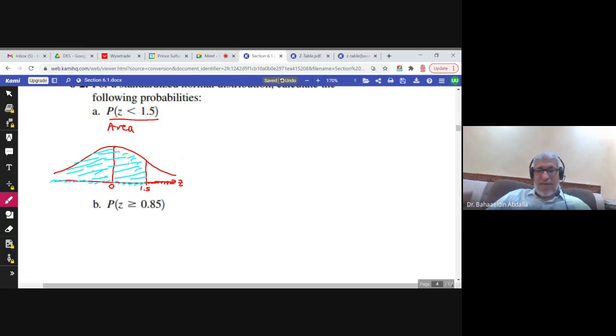Once you know that this is the area he needs to find, you can say that this is the area to the left of 1.5. The table will give me this one, and I know that this is 0.5. So the probability that Z is less than 1.5 would be 0.5 plus this, which is given by the table.